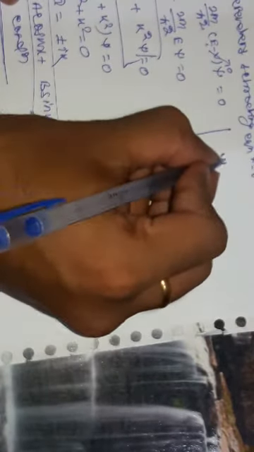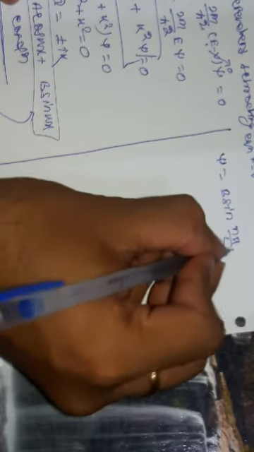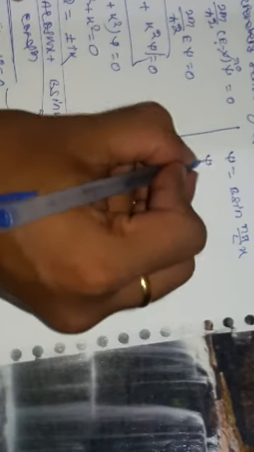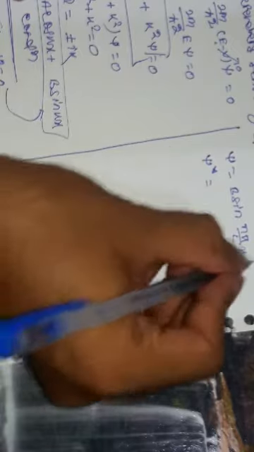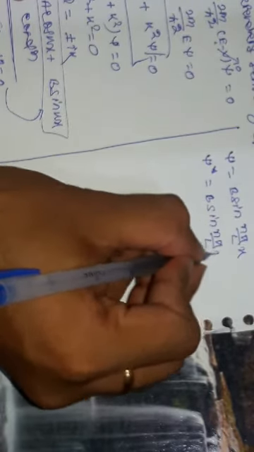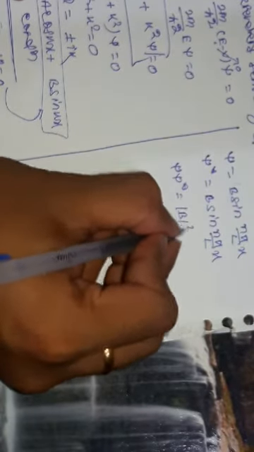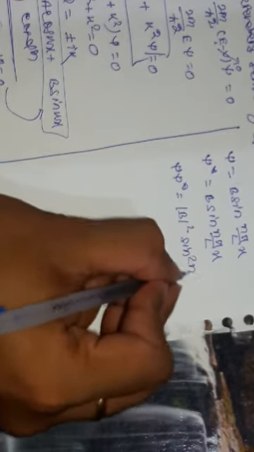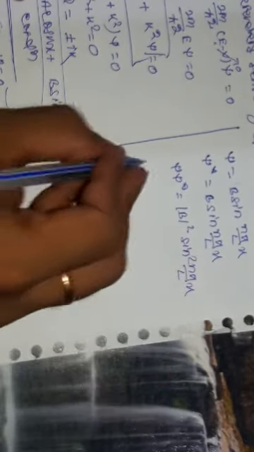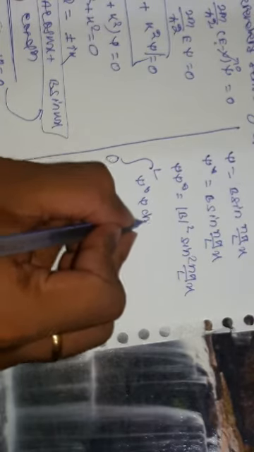We know psi is equal to B sin (n pi x by L). It is a real quantity, so psi star is also B sin (n pi x by L). So psi star psi becomes the magnitude of B squared times sin square (n pi x by L).